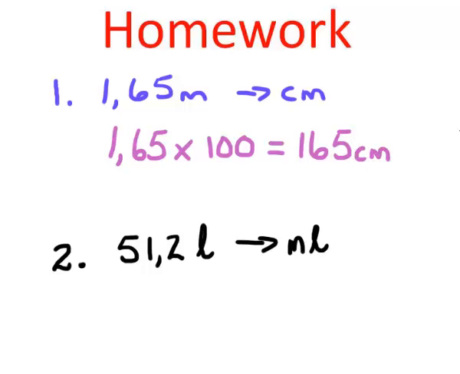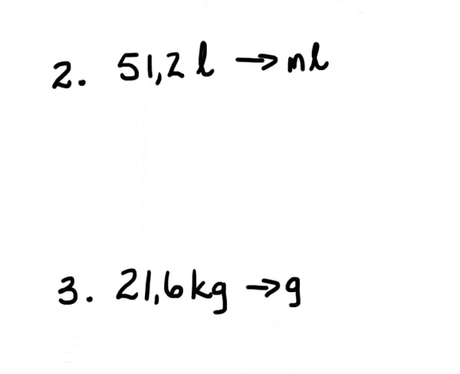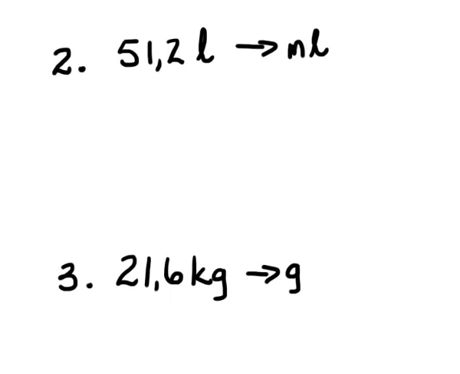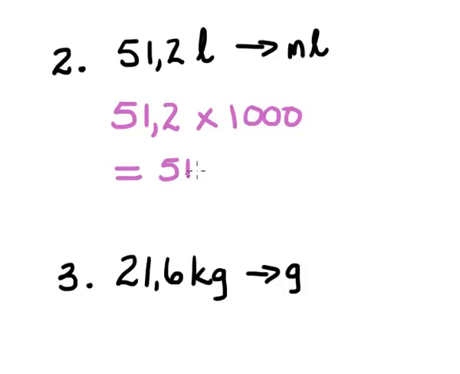And then Thandi put 51,2 liters of petrol in her car. How many milliliters is that? It's 3 jumps, so here you're going to go 51,2 and you would multiply by 1,000 because you're going down on your table, and that gives you 51,200 milliliters.